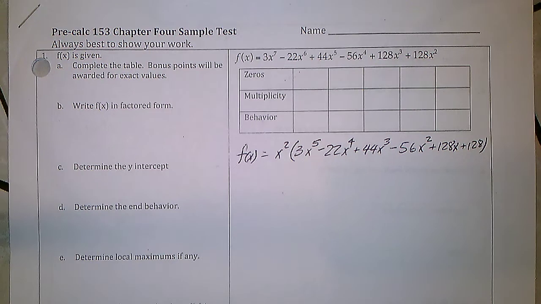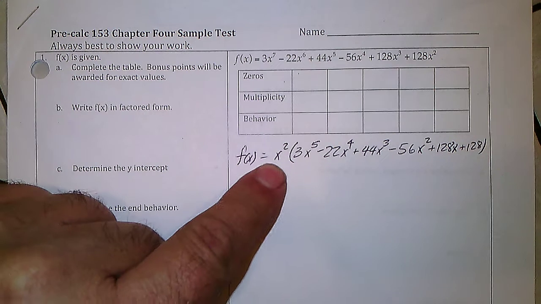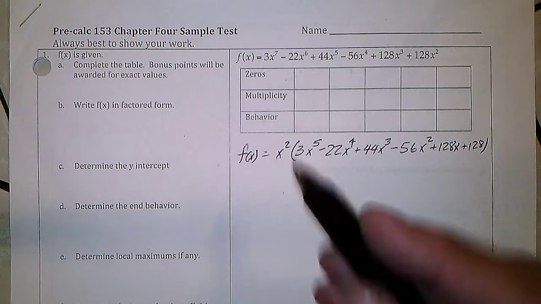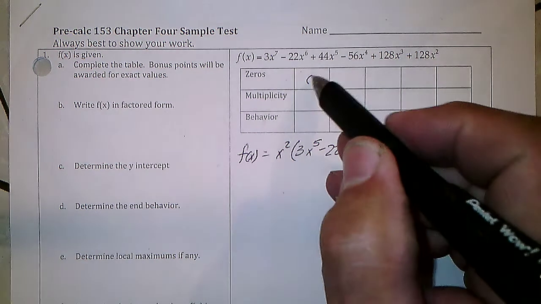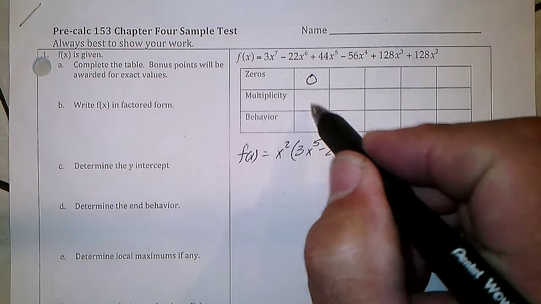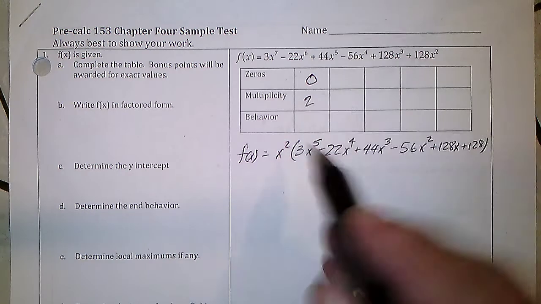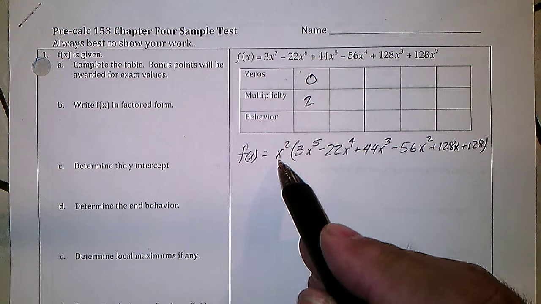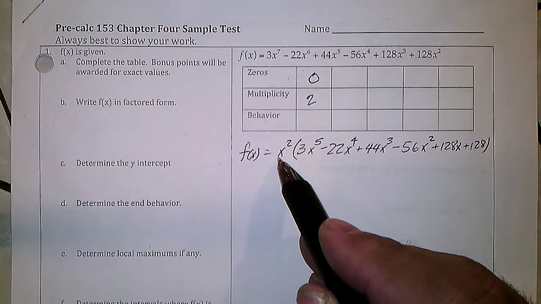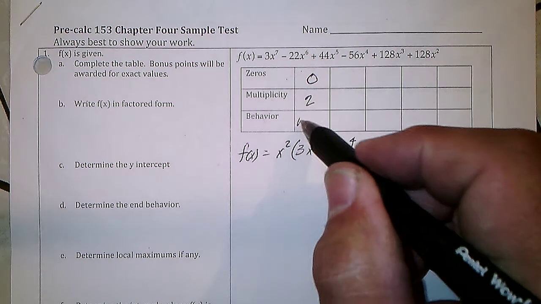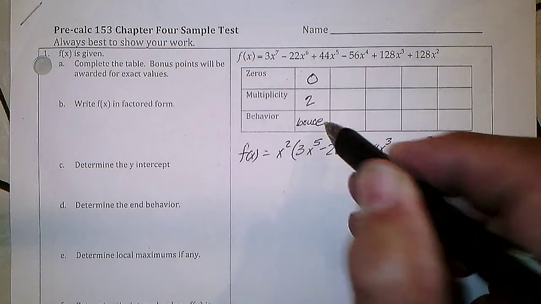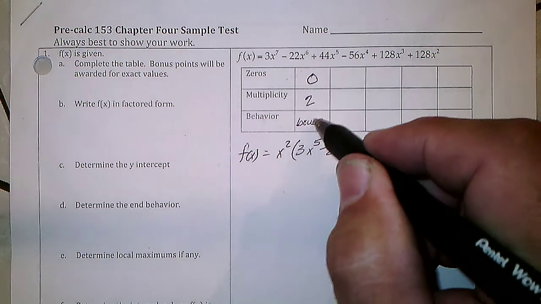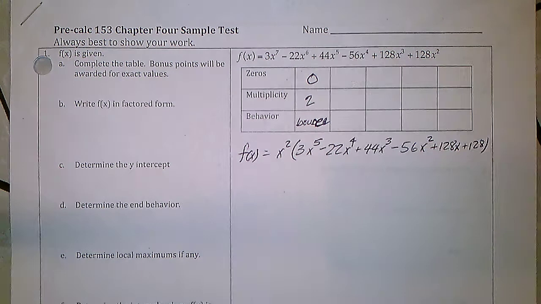Now that's still a pretty ugly thing, but we now know that two of the roots are 0. 0, multiplicity 2, because it's x times x, or x minus 0 times x minus 0. So we know it must bounce there. That's B-O-U-N-C-E. Spell it right. Okay?